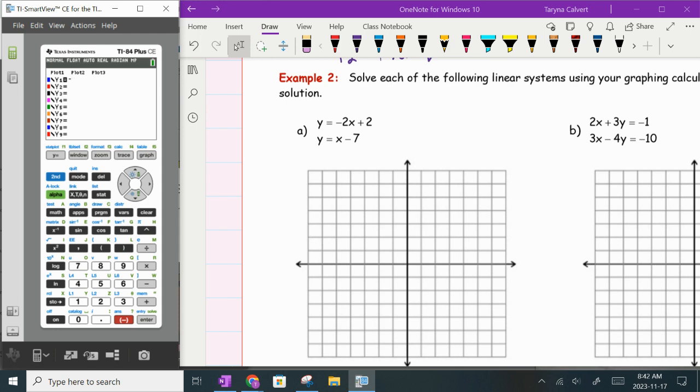You do have an X shortcut button that we're going to use. Right, so fast way, again, you have to use the negative button.